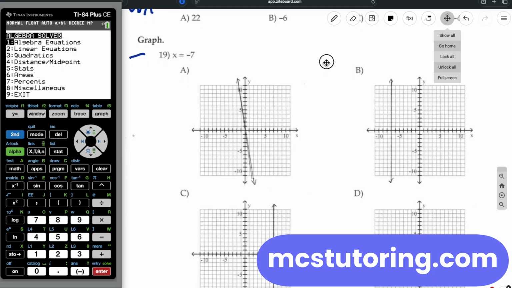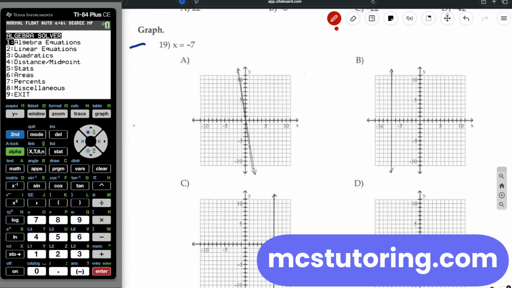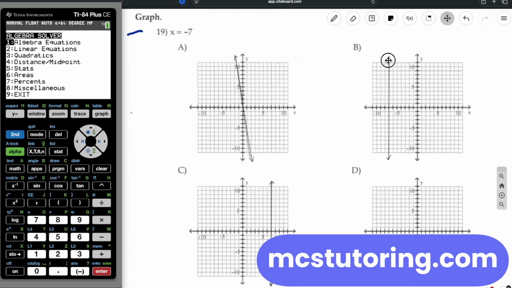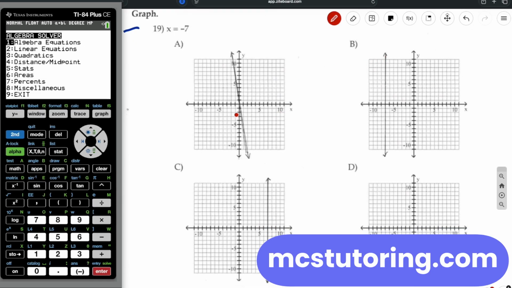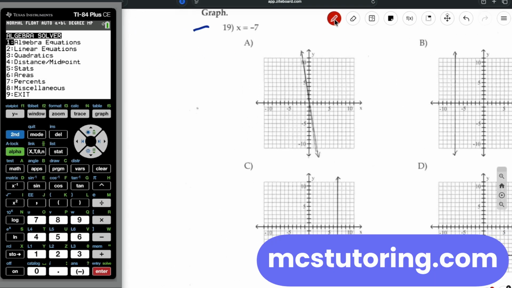Okay, some of these are going to be workarounds, but look at this. X equals -7. Now, granted, this is a linear equation, and it's actually relatively easy to do once you get the handle of it. But that means no matter what happens for the y, the x is -7.